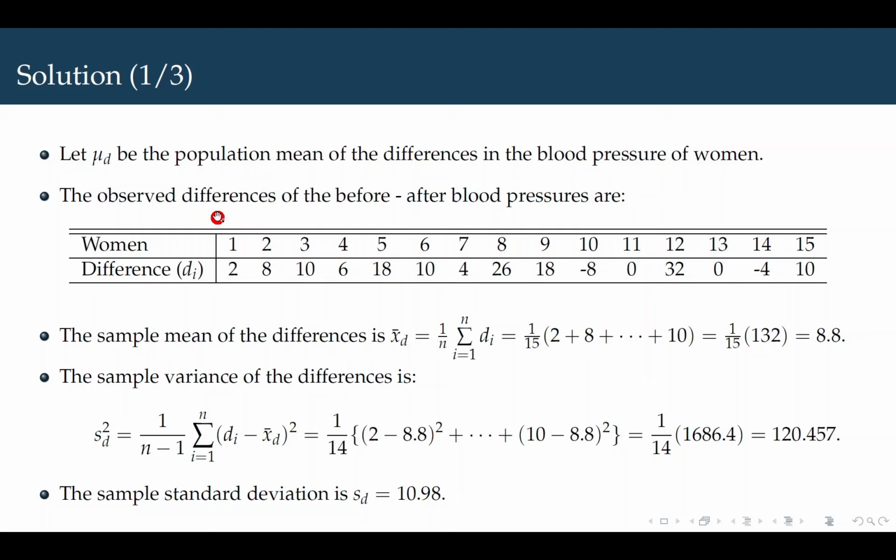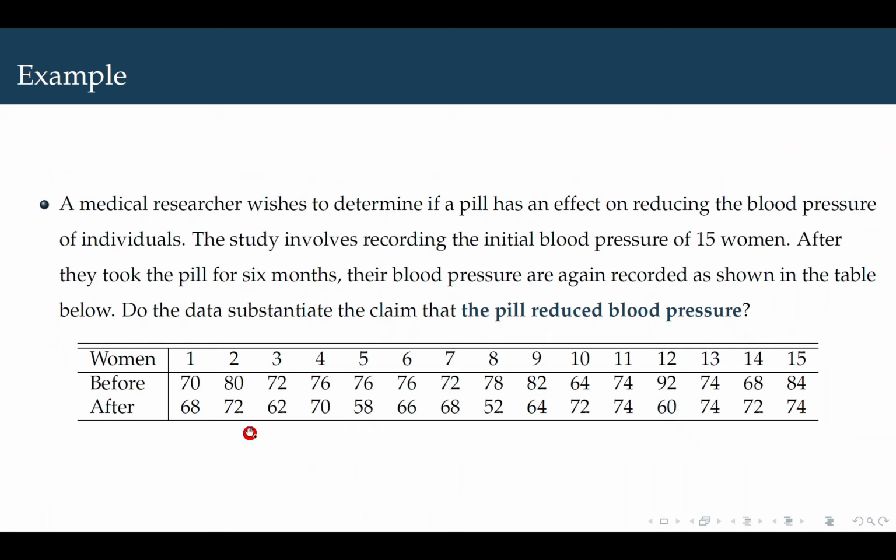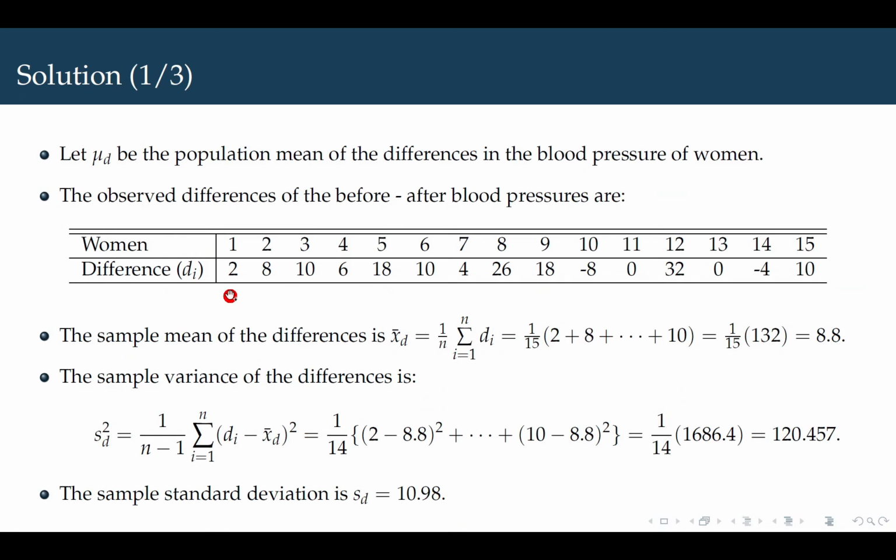Then based on the observed values of the blood pressures in each woman, the difference for woman 1 is 2, the difference for woman 2 is 8, for the third it is 10, and so on. Therefore, for most of the women, the difference is positive.